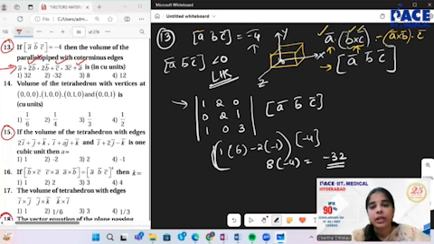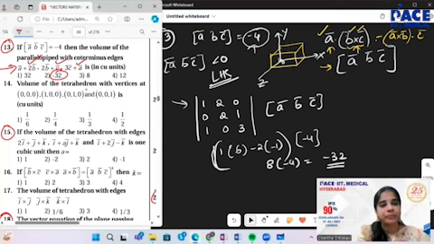Now we are talking about left-handed system, isn't it? So in order to make the volume positive, negative of negative only gives us a positive answer, isn't it? Hence, we are going to just take that negative sign into consideration because minus 32 is supposed to be our correct answer. Do not mistake it to be 32. Clear?